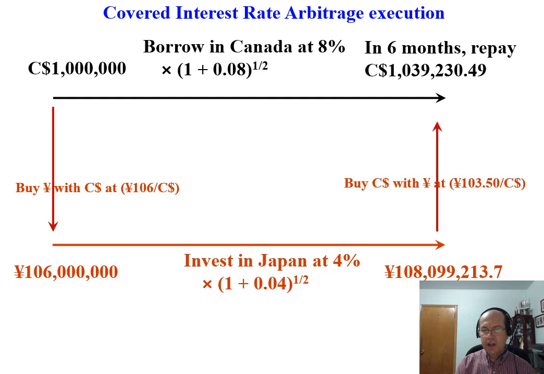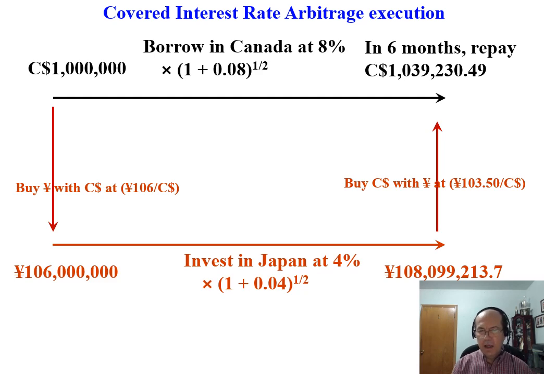At the forward exchange rate, it takes 103.5 Japanese yen to buy 1 Canadian dollar. Do we need to multiply by this exchange rate, or do we need to divide by this exchange rate? We need to divide by this exchange rate, because if we keep track of the currency units, we will see that Japanese yen will cancel each other, and Canadian dollar, because it will be in the denominator of the denominator, will become the numerator. And this is what we want to have.